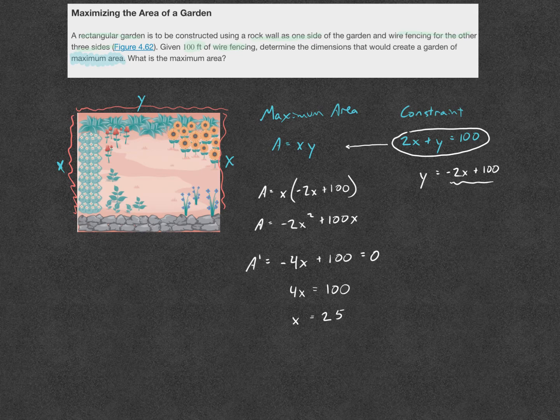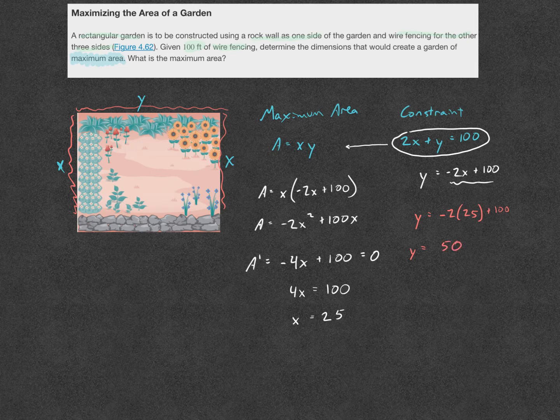All right, so then the next step is we can write down what the dimensions for our garden are. If x is equal to 25, then, let's change to red here, y is equal to negative 2 times 25 plus 100. That would be negative 50 plus 100, which is positive 50.